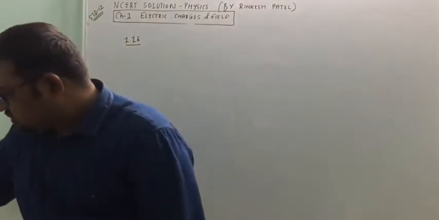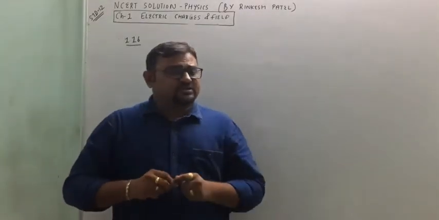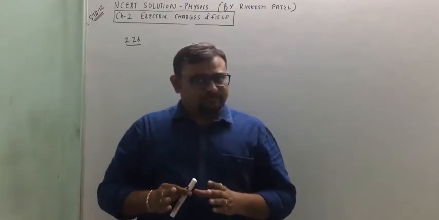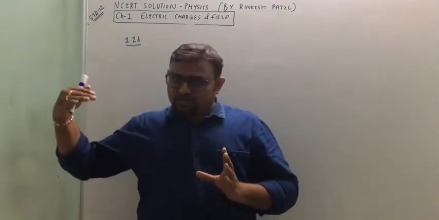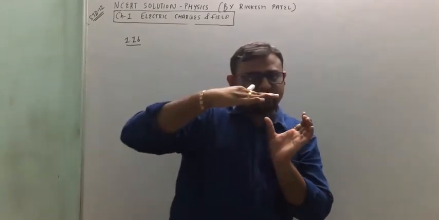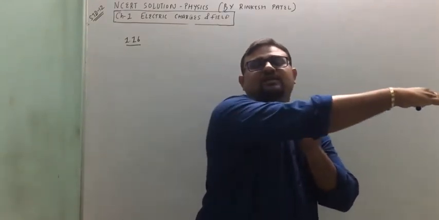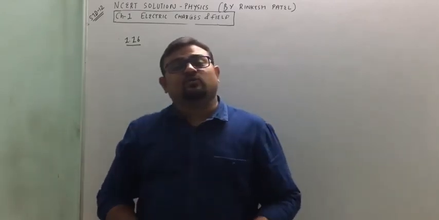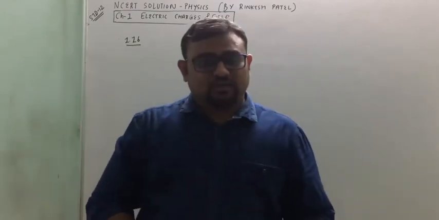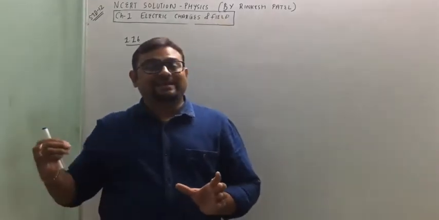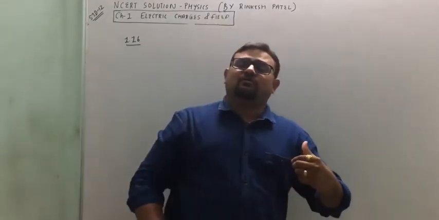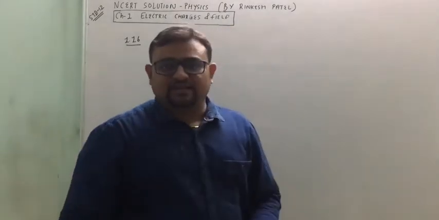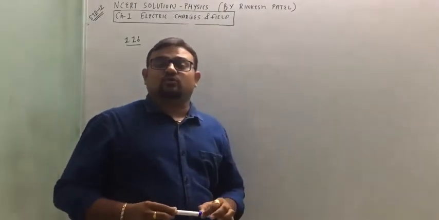It means we have to take the given quantities of 1.15. The faces of the cube are parallel to all the axes. So the total amount of electric field entering the cube will be equal to the electric field leaving the cube. Clear? So the net flux will be equal to 0, because the number of electric field lines entering the cube is equal to the number leaving the cube. Hence the flux in this case will be equal to 0.